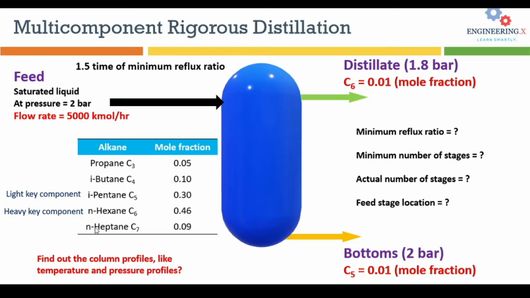In this feed we are specifying isopentane as the light key component and normal hexane as the heavy key component.